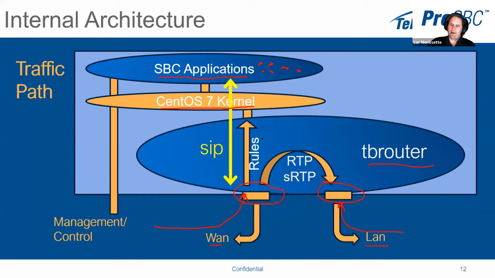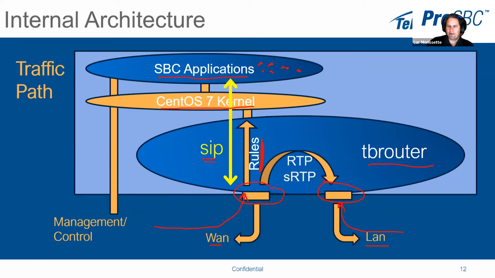We set a list of rules that will be accepted by TB router, and these rules will include SIP messages and maybe other web services and stuff like that that will be able to pass through the Linux kernel and then to the SBC applications.